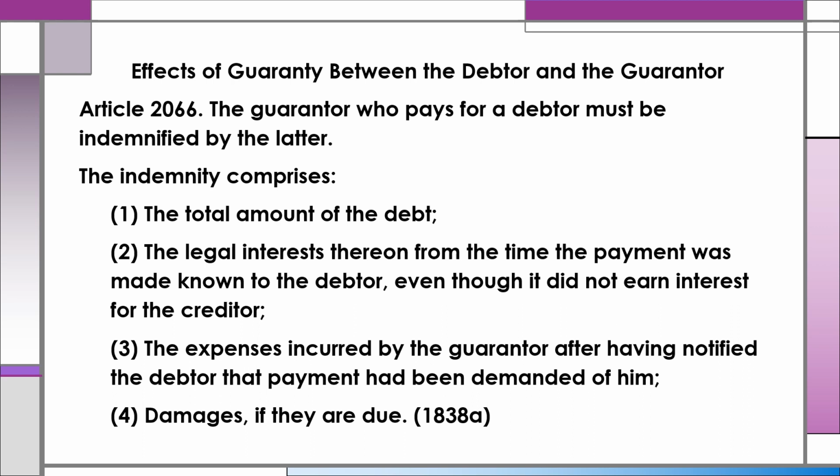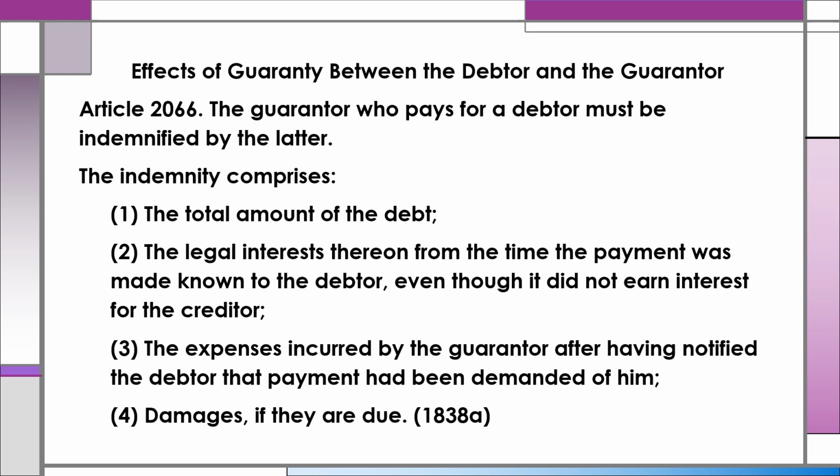So halimbawa, pagkatapos magbayad ni guarantor kay creditor, pinaalam niya kay debtor yung kanyang pagbabayad. From then on, mula nung malaman ni debtor na nagbayad na si guarantor, ay tatakbo na yung interest. Legal rate, which is 6%.